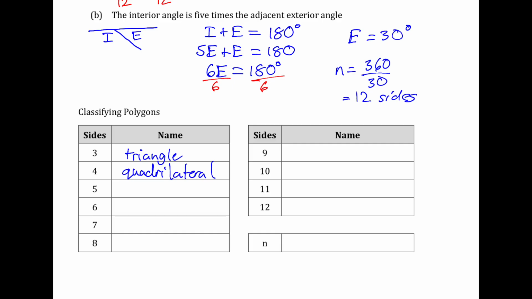Okay, it's going to get easier now. What's 5? Pentagon. 6, I've used so many times. Hexagon. Anyone know 7? Septagon. It's very close, but it's not that one. It's heptagon.